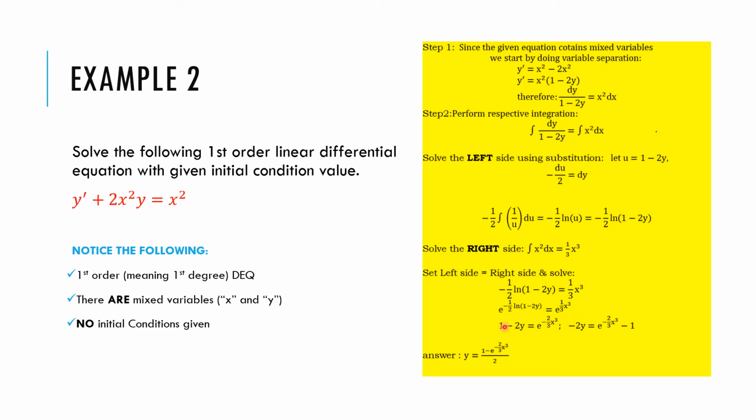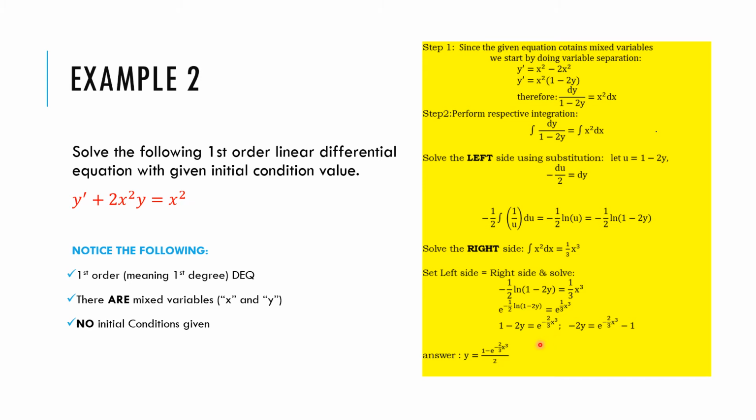Now, when I do e raised to ln, they just cancel each other. It's a reduction. So I would just end up with 1 minus 2y, which would equal e raised to negative 2 over 3 times x cubed.